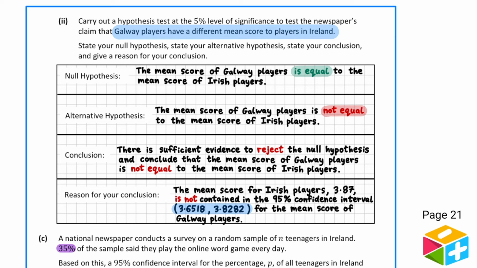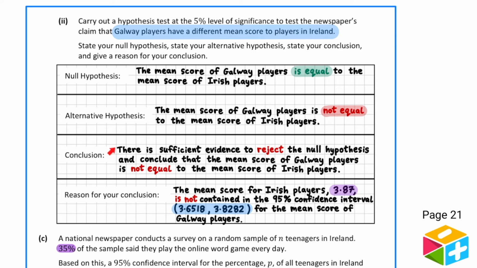If this were to be true, we would expect, with 95% confidence, that the mean score for Irish players would be inside this 95% confidence interval. Well, in part A, we were told that the mean score for Irish players is 3.87. This value does not lie inside the confidence interval, and this can be viewed as evidence that the null hypothesis is not true.